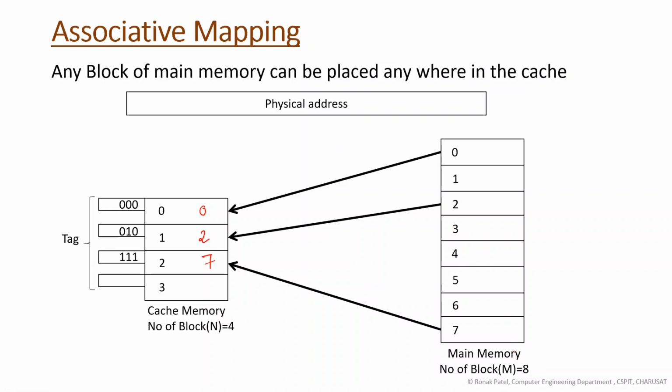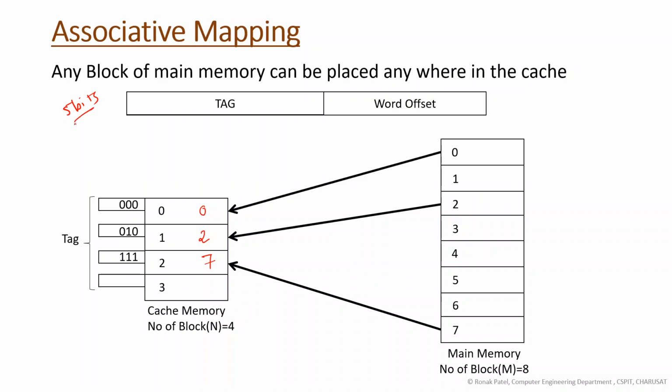In our case, in our main memory, a total of 32 words were there. To address these 32 words, we require 5 bits. So your physical address is 5 bits.